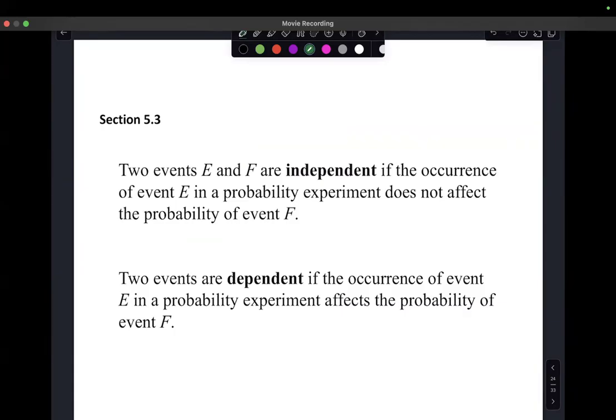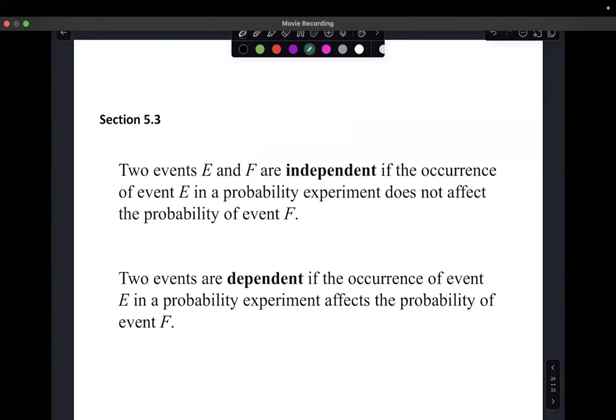If two events are independent, the probability of one occurring does not affect the other one occurring. Like if I flip a coin and then roll a dice, as long as they don't hit each other while I'm doing it, the probability of one happening doesn't affect the other one.